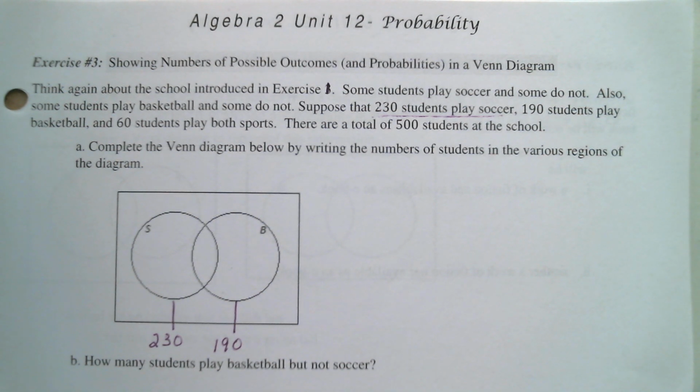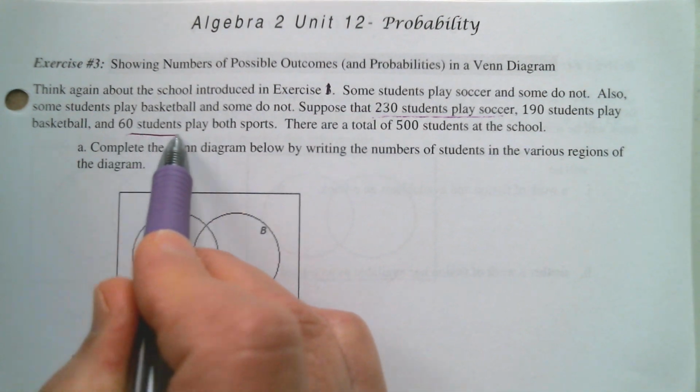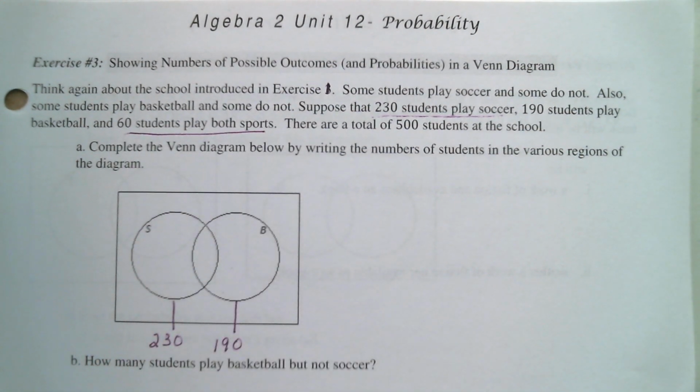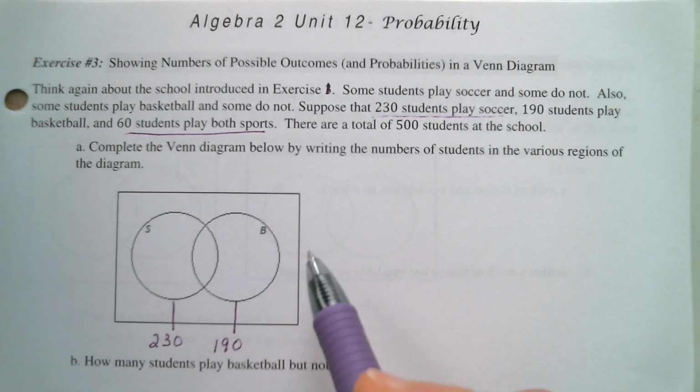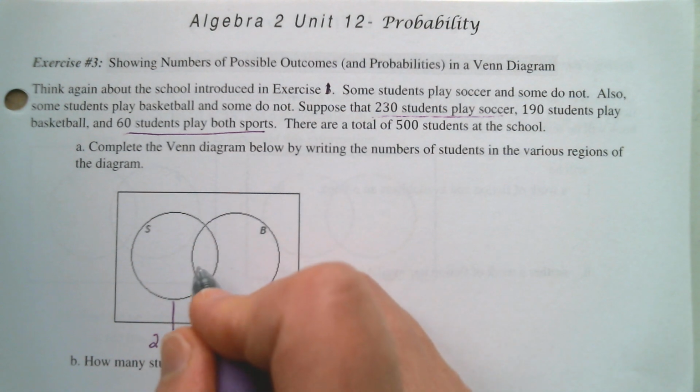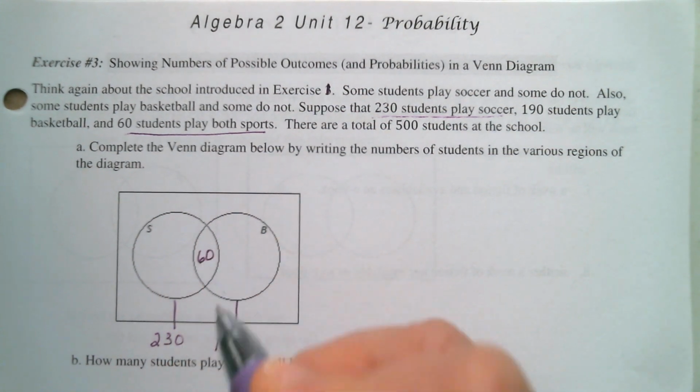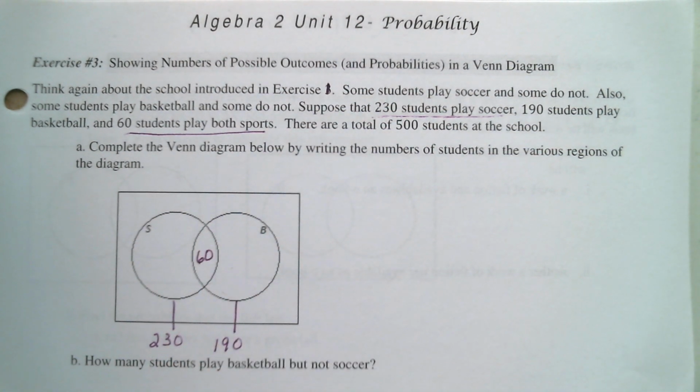60 students play both sports. Oh, 60 play both. That's the and, soccer and basketball. This is the overlap region. 60 can go right there. There are a total of 500 students at the school.